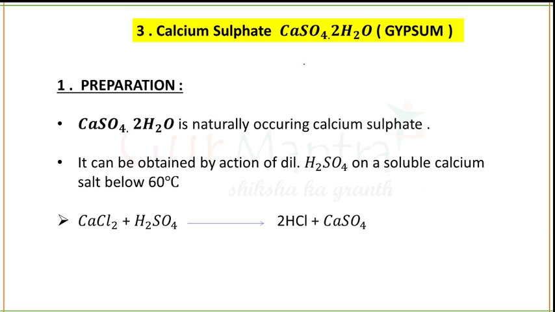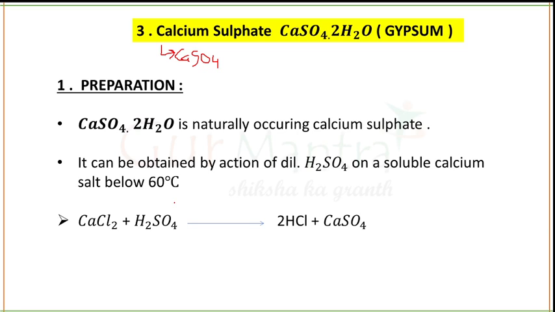So, calcium sulfate has the formula CaSO4, while its hydrate has the formula CaSO4.2H2O and is known as gypsum. Talking about the preparation method of calcium sulfate or gypsum, this hydrate of calcium sulfate is naturally occurring, that is your gypsum. It can be obtained by the action of dilute H2SO4 on a soluble calcium salt below 60 degrees Celsius.